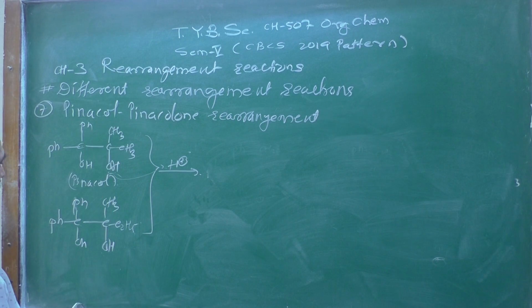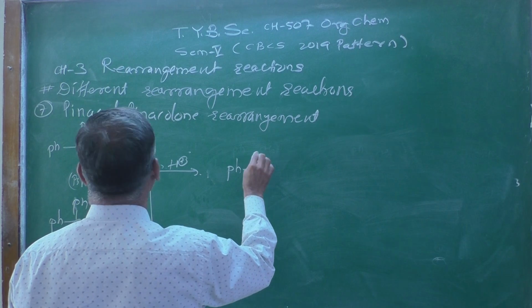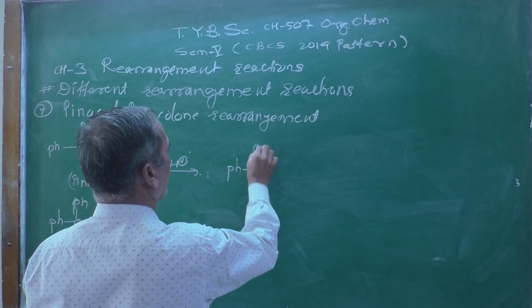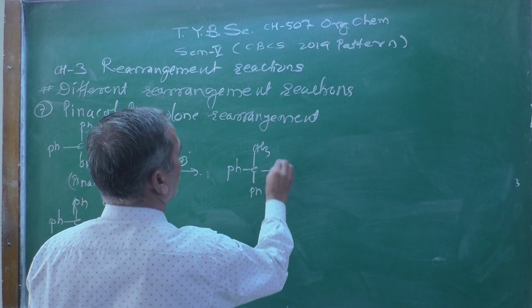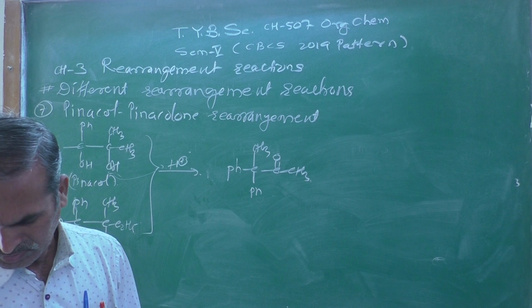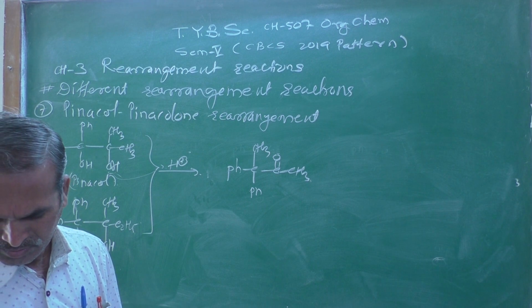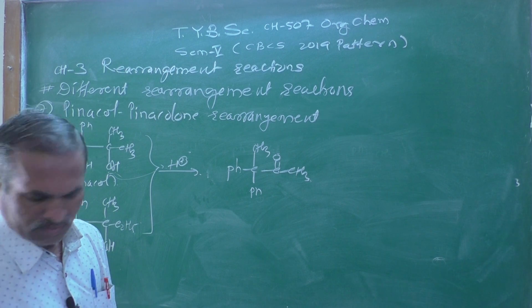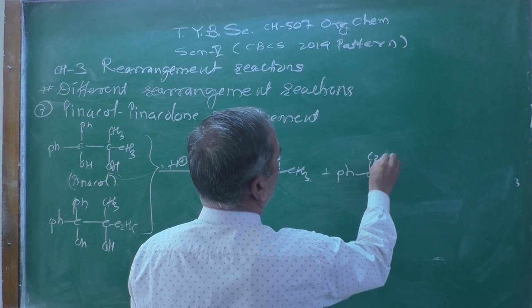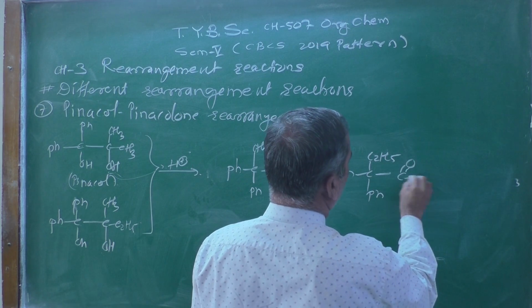These two different compounds are there, one is this, another one is this, and after that you get Ph, then CH3, then Ph, C double bond O, CH3, as well as Ph, C2H5, Ph, then C double bond O, CH3.